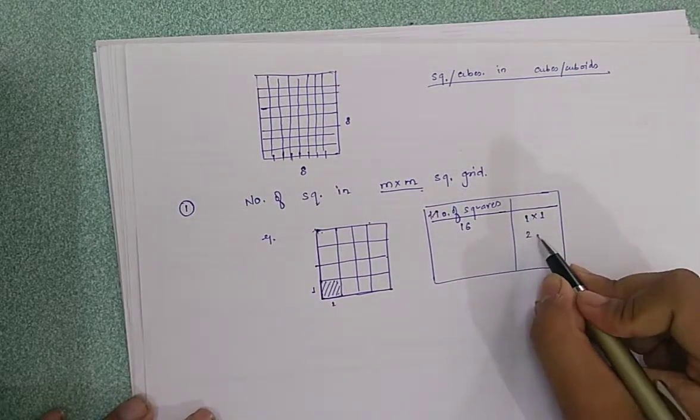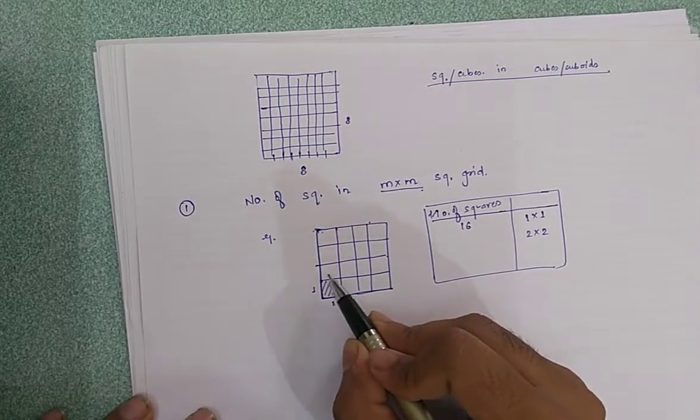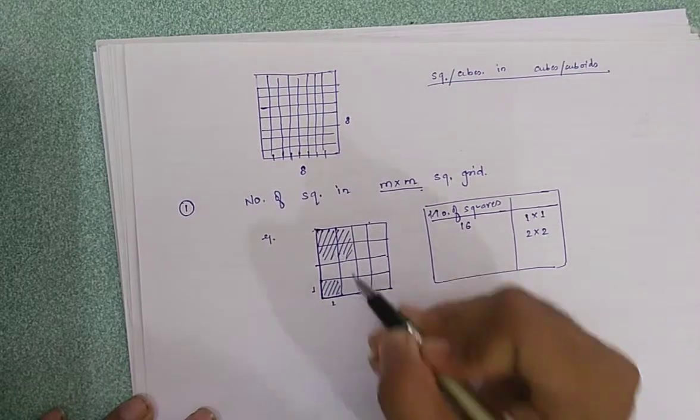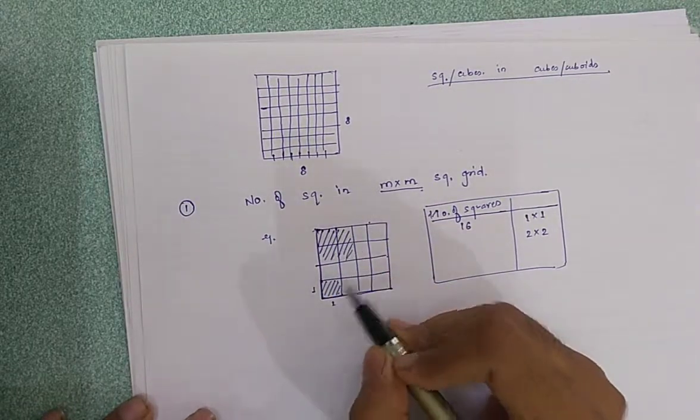What is the possible number of squares of 2 into 2? 2 into 2 squares means squares like this. First we will see along the row and then along the column.